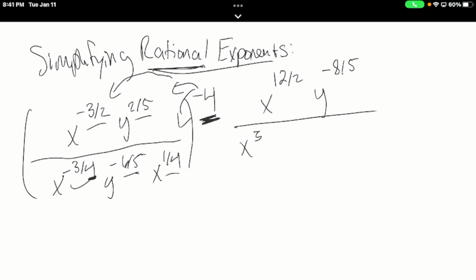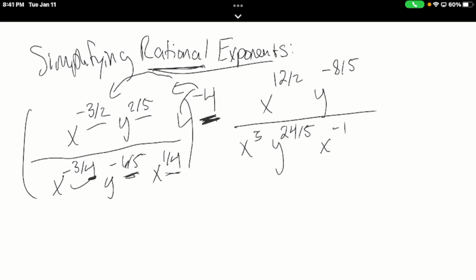My negative 6/5 on my y, if I multiply that by negative 4, I get y to the 24/5. 1/4 times negative 4 gets me negative 1.